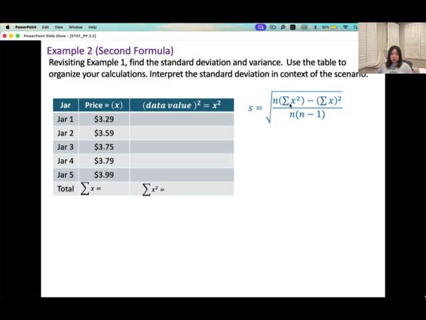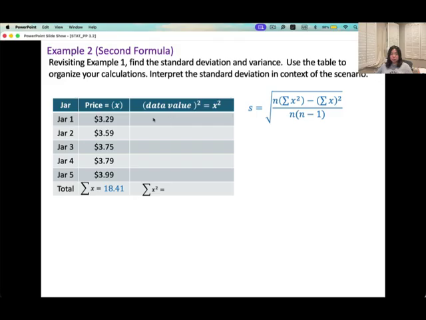So you can see in my formula, we do have the summation of x. The x is talking about the data. Okay, we already have the data here. So add it all up, you're gonna get $18.41. Okay, summation of x. And then we do have the summation x squared. This is talking about you're gonna take the square of each data and then add it all up.